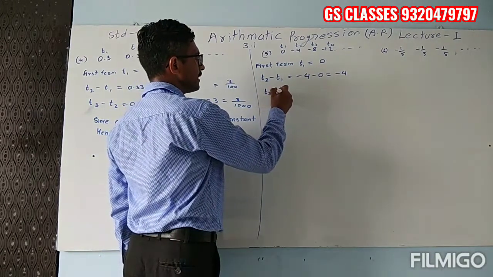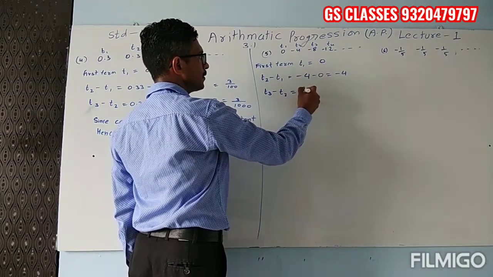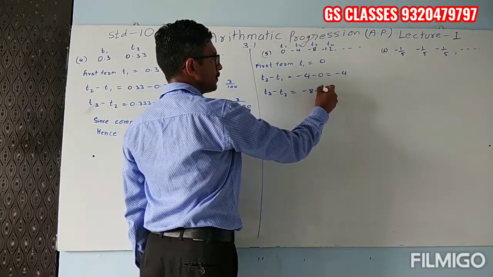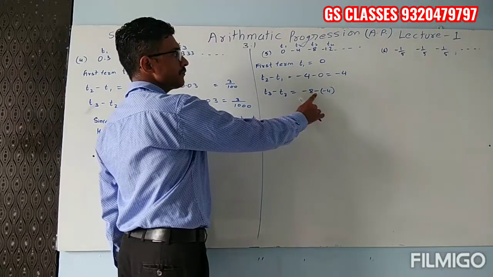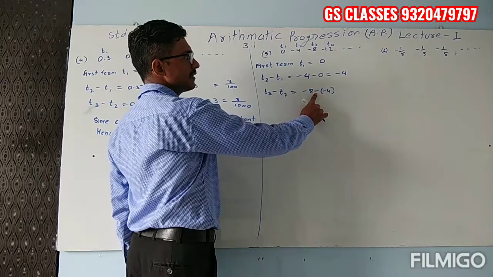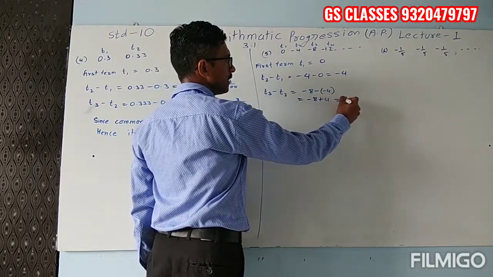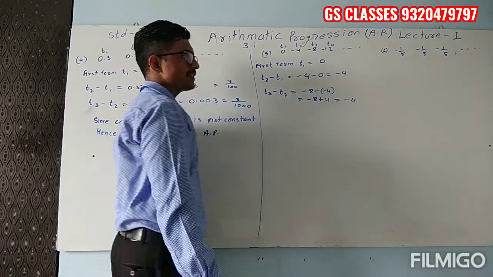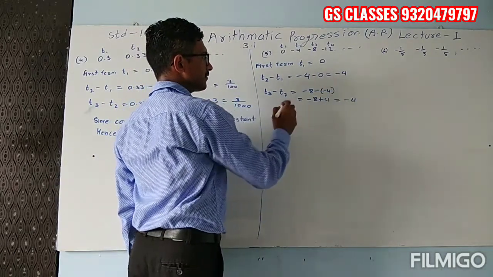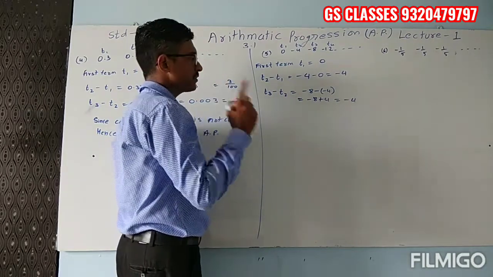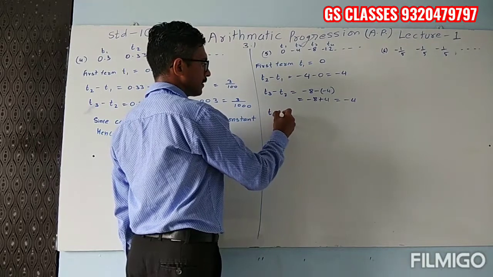Again T3 minus T2: minus 8 minus of minus 4. Be careful for the sign. This becomes minus 8 plus 4. Finally minus 4. Minus 4 and minus 4 are the same. We will do one more calculation and thereafter we will write the conclusion.